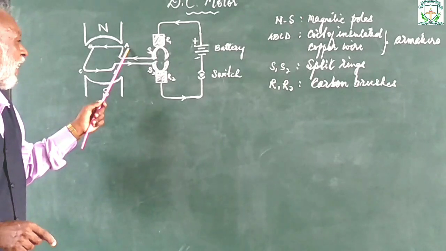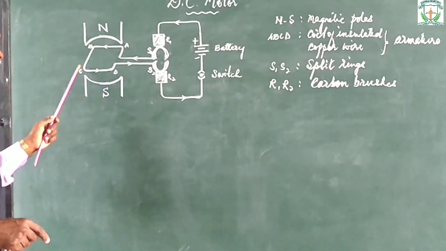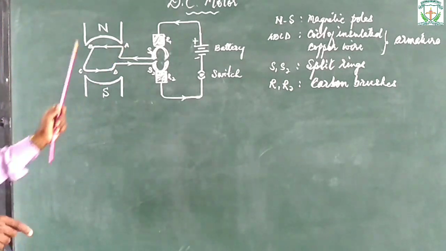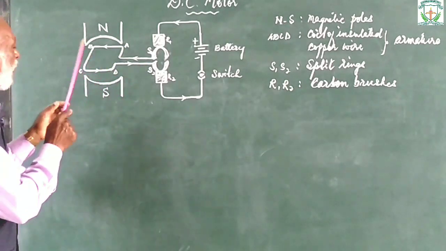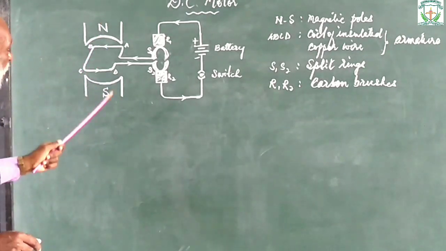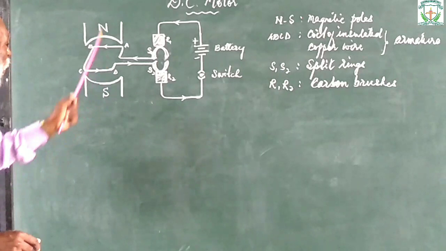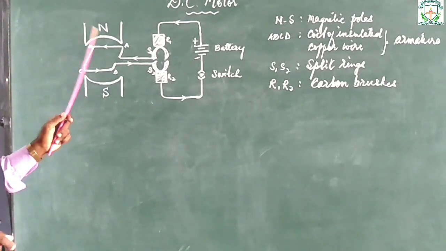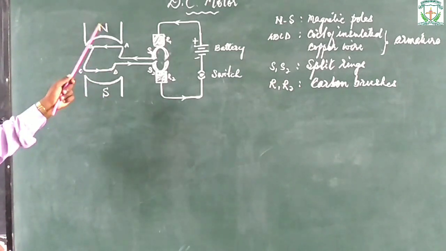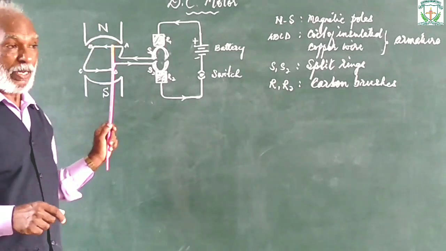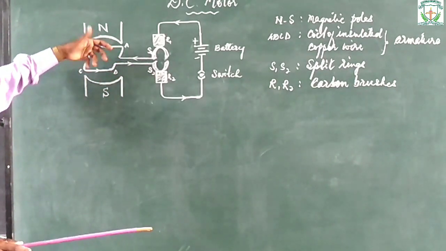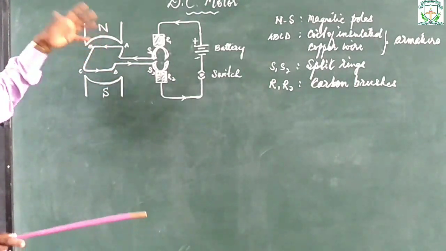The coil, preferably rectangular in shape, is mounted between the strong north-south poles of a permanent magnet, in such a way that the coil of copper wire is free to rotate.